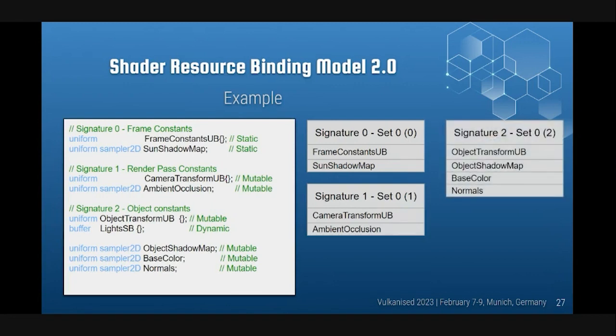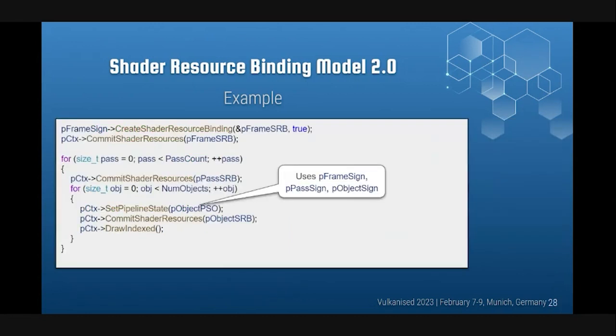Then signature 2 will have 2 descriptor sets that contain the static mutable resources, and the second set from this signature will contain just the dynamic light storage buffer. And so a pipeline state that uses all these 3 signatures will have 4 descriptor sets. And these 4 descriptor sets, like I said, will stack on top of each other.